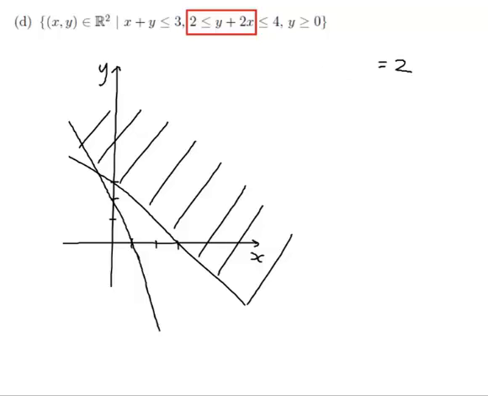So if we put 0, 0 in again, we'll get 2 is less than or equal to 0 plus 0, which is actually wrong. So 0, 0 isn't part of this particular condition. So we don't want the bit below that line. So let's cross that out. Alright, now let's do the next one.